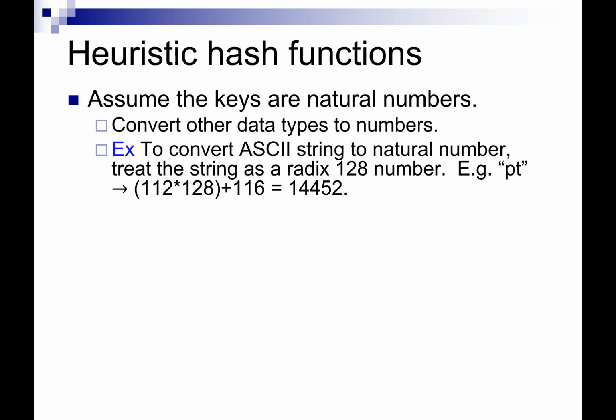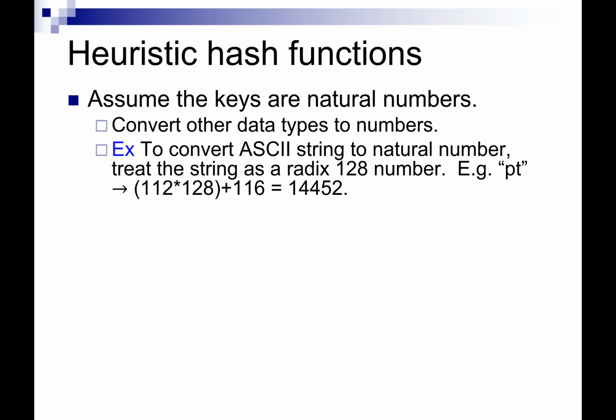For example, first of all, let's say that the keys are natural numbers. If your keys are not natural numbers, then you can convert them to natural numbers. For example, if your keys are strings, then you can convert these strings to a number. Like for example, if you have a string pt, then you can represent each of these letters using an ASCII number, so a number up to 128.